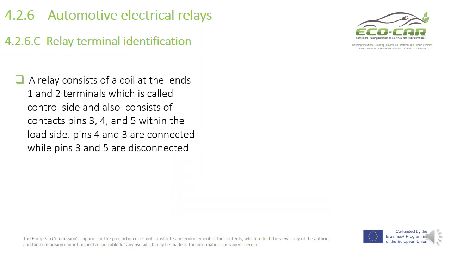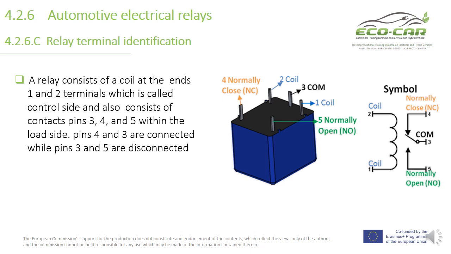A relay consists of a coil at terminals 1 and 2, which is called the control side, and also consists of contacts, pins 3, 4, 5, on the load side, as you will see in this picture. So this is the relay.